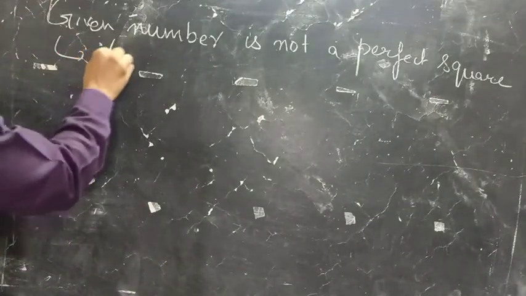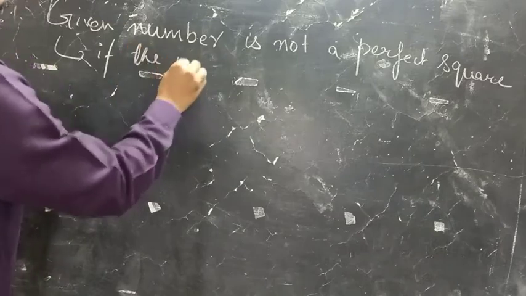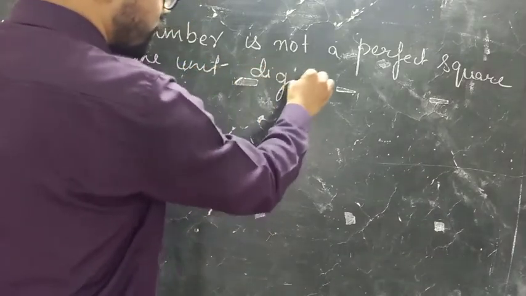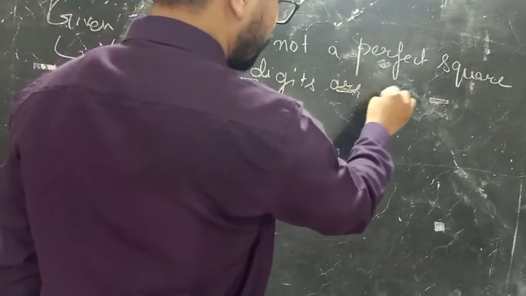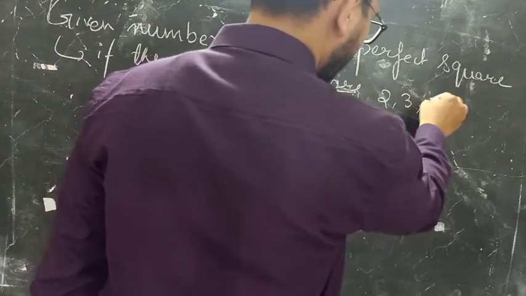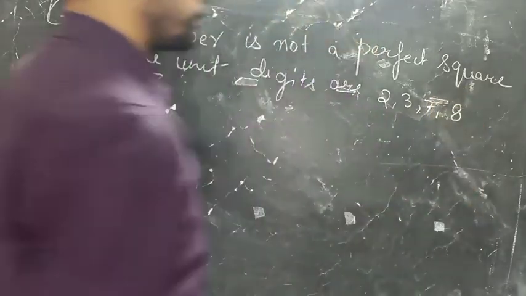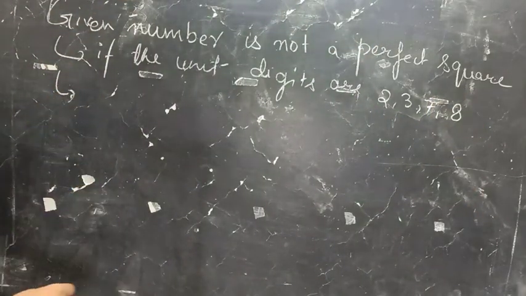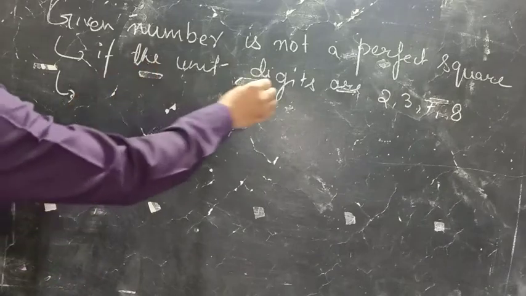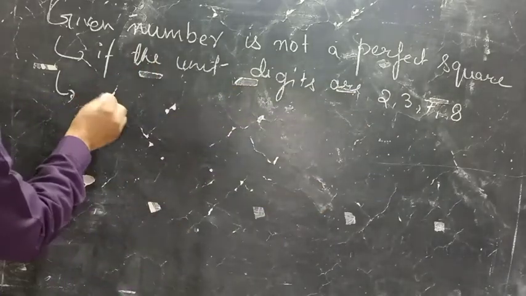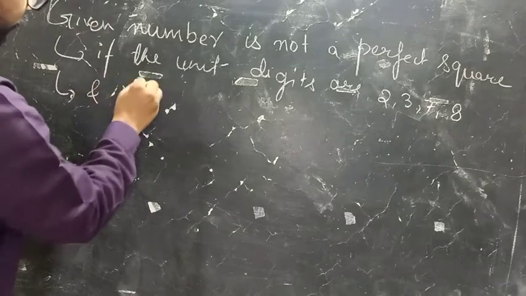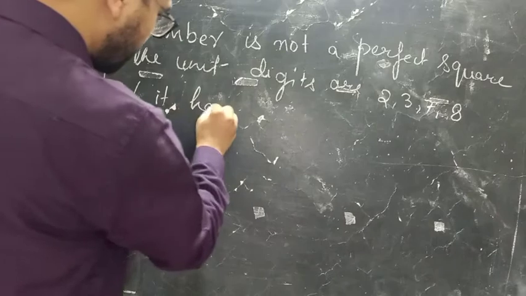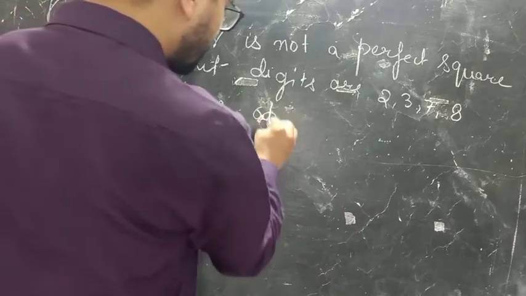If the unit digits are 2, 3, 7 or 8, and the second condition is if the unit digit is 0 and it has an odd number of zeros.